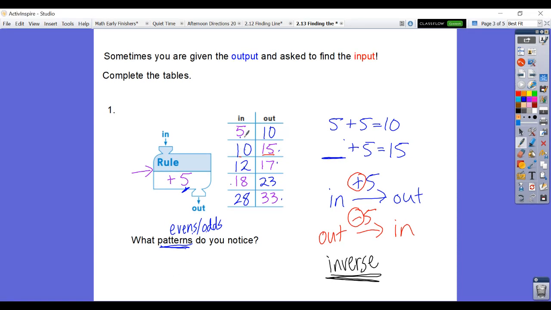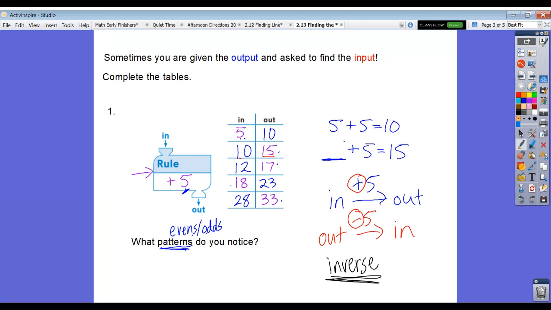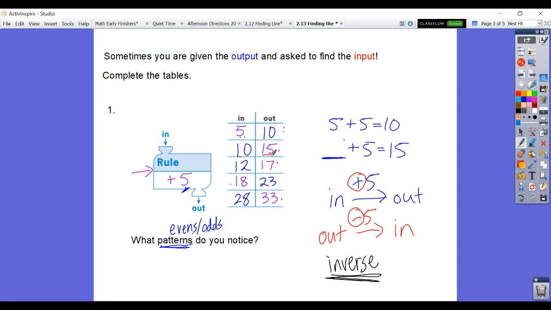So I notice in this first example, 5 was an odd number, and then 10 was an even number. Maybe I'm onto something. In the next one, the input was even, and the output was odd. Oh, look at that. The next one, even input, odd output. So when my input was odd, it came out even. When my input was even, it came out odd.